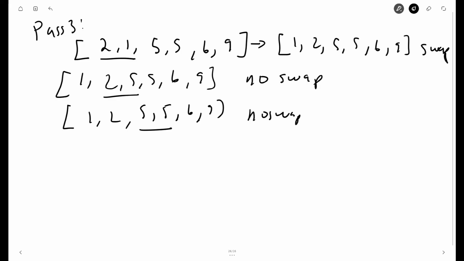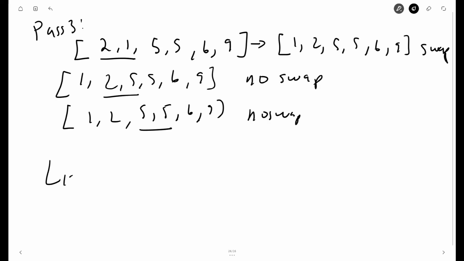We don't need to do more because they're already in order. So it went through a full pass with no more swaps. The list is in order: 1, 2, 5, 5, 6, 9.